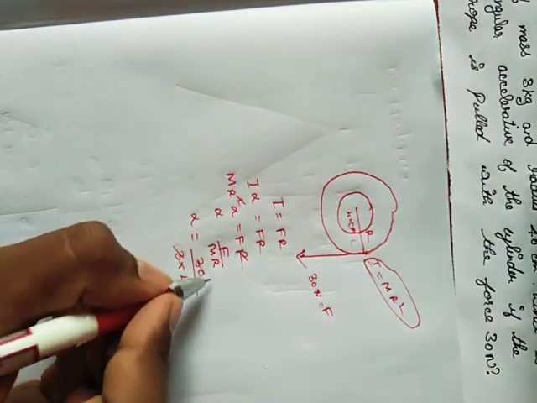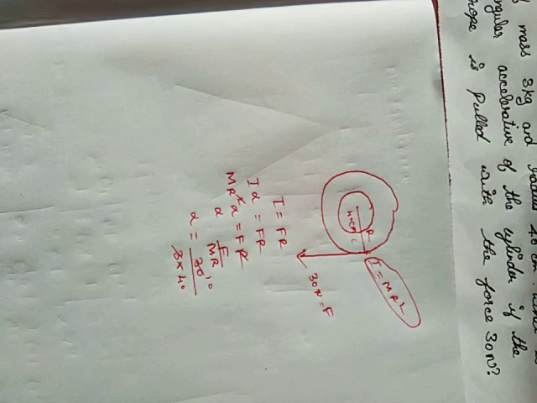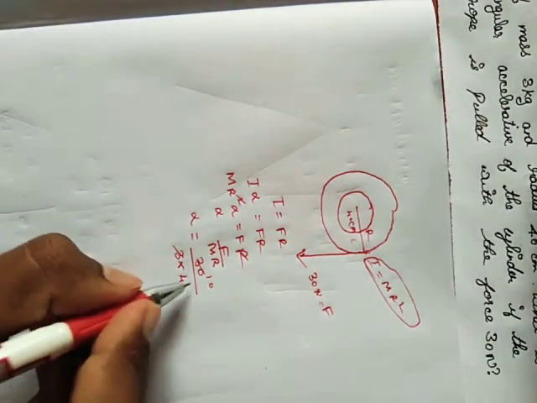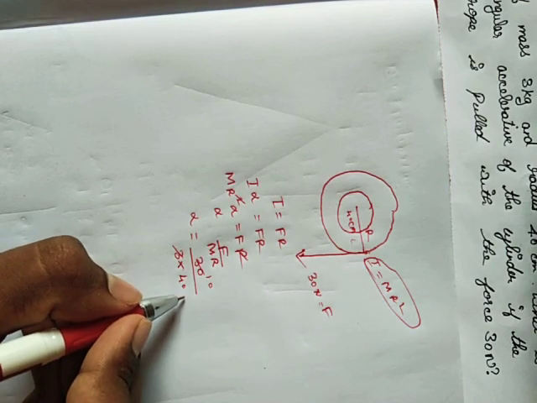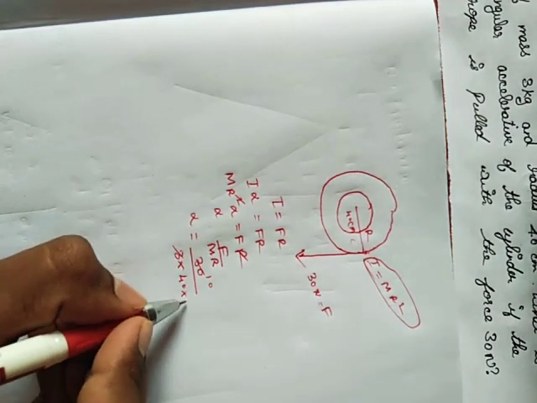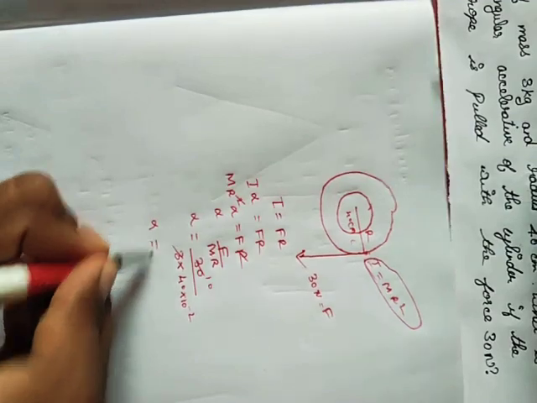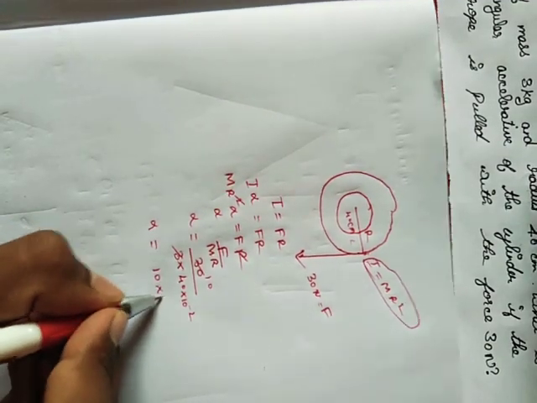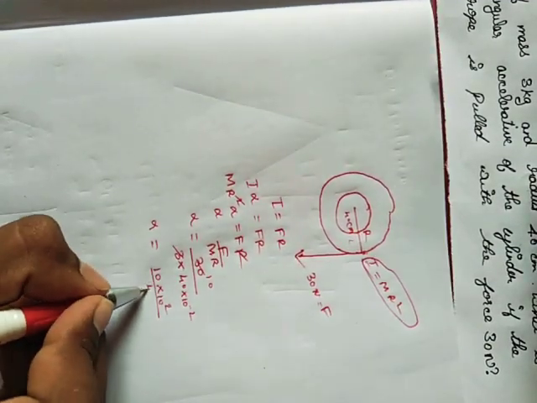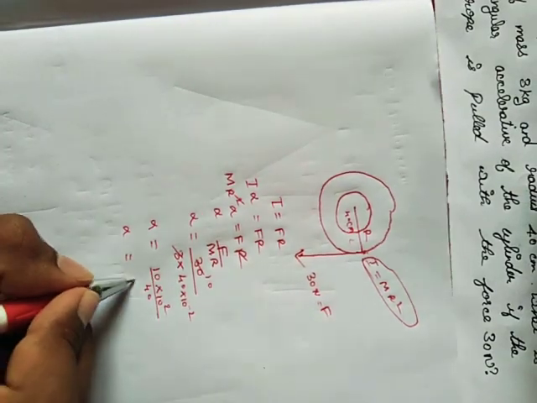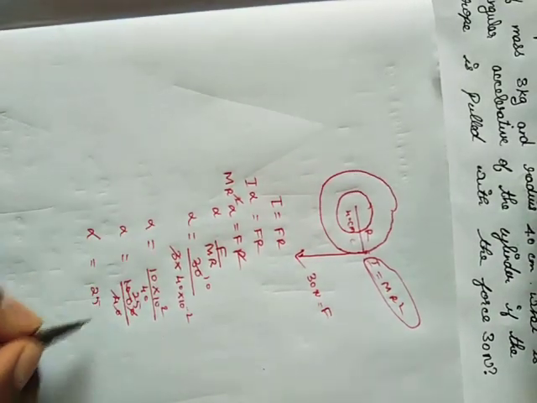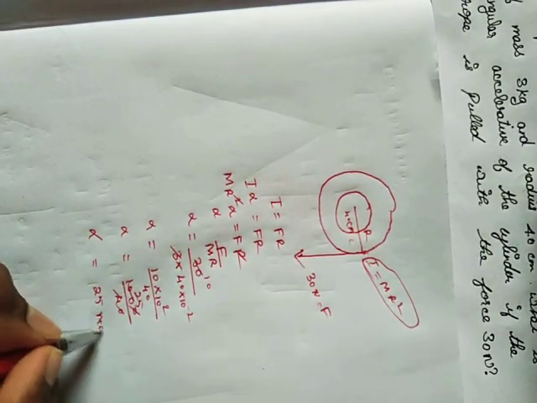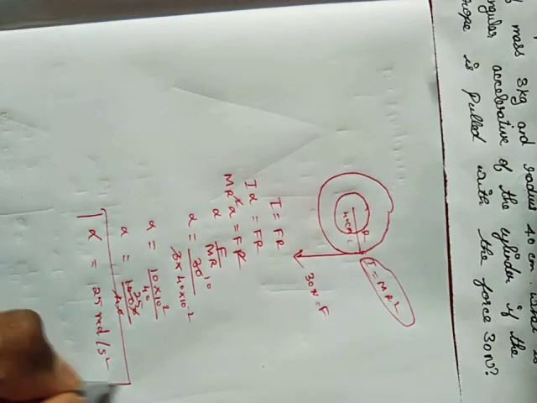Cancelling out 10. This is in centimeter, so I need to convert into meter: 10 power minus 2. Moving it upside comes 10 power plus 2 by 40. Alpha equals 1000 by 40. Cancelling out, 25. Then the angular acceleration would be 25 radian per second square.